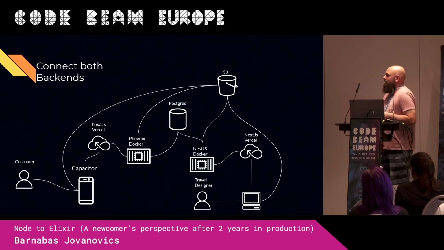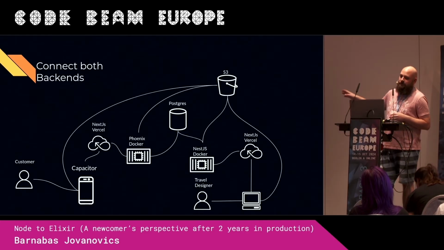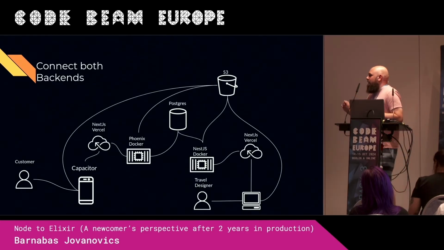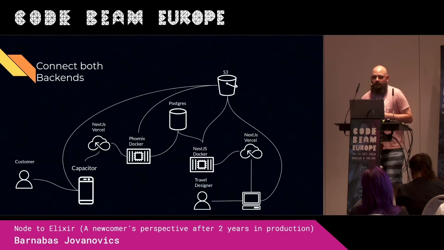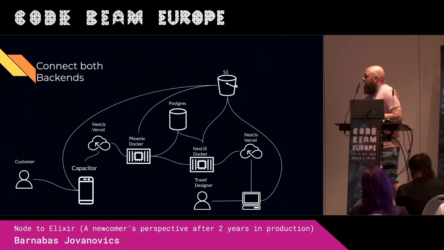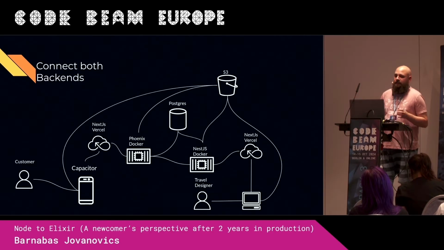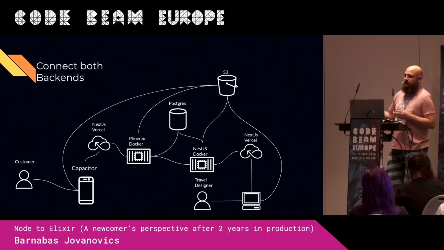And then the next step was, now we had a lot of the functionality in the Phoenix app, and we deleted some of the stuff in the old backend. But now we had to trigger some processes in Elixir when we did updates in Node, so we connected both of the backends. The way we did this is that we had an event table in the database, and the Node backend could write an event into it, like offer updated or offer created.